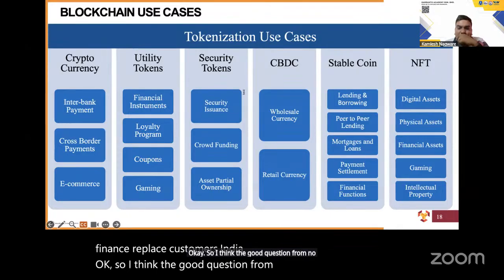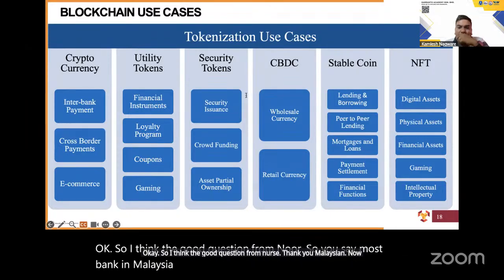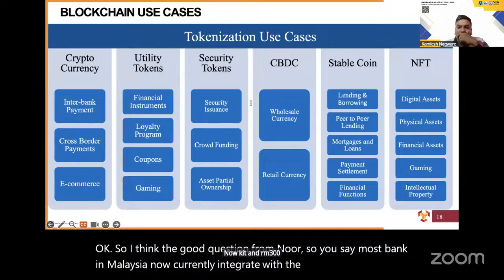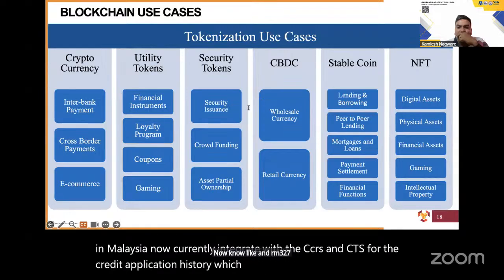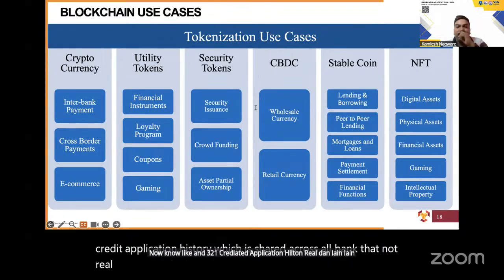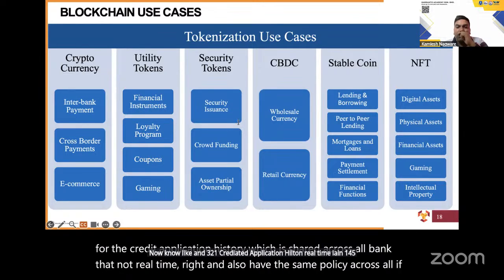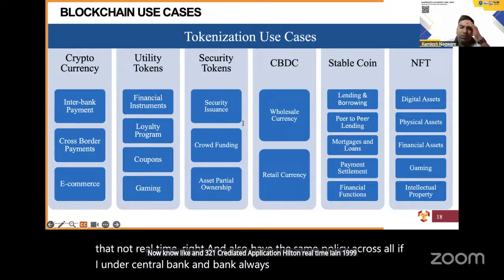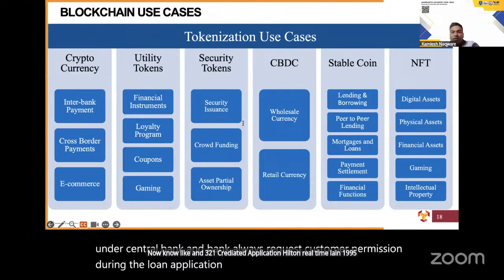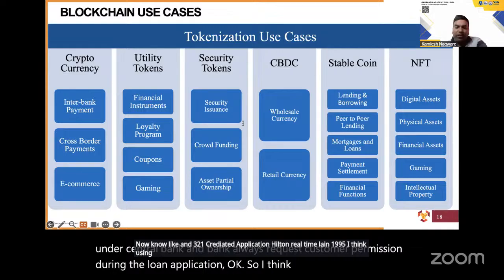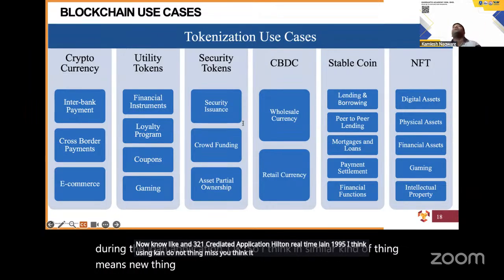You say most banks in Malaysia now currently integrate with CCRIS and CTOS for credit application history, which is shared across all banks. That's not real time, right? And there is also the same policy across all FIs under the central bank, and banks always request customer permission during the loan application. Okay, I think a similar kind of thing.